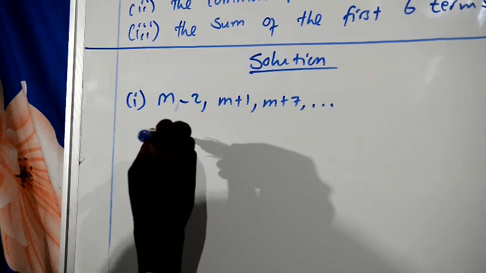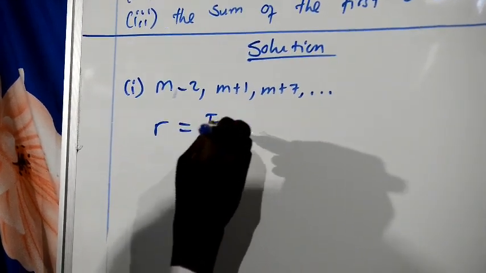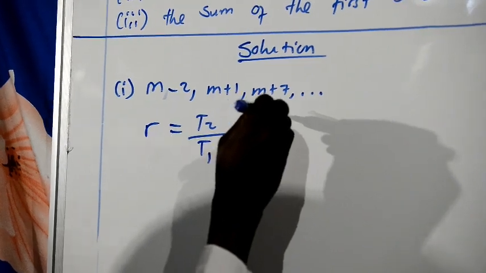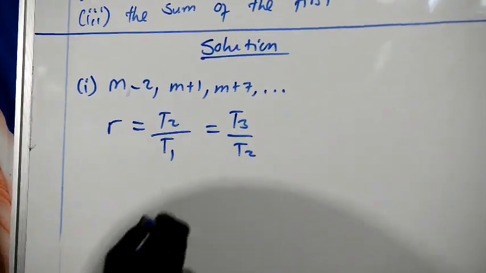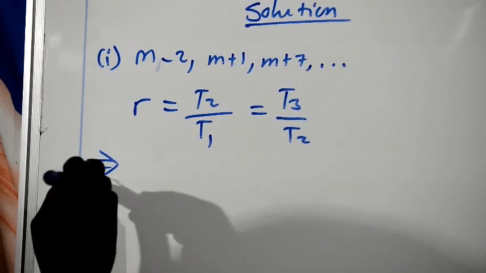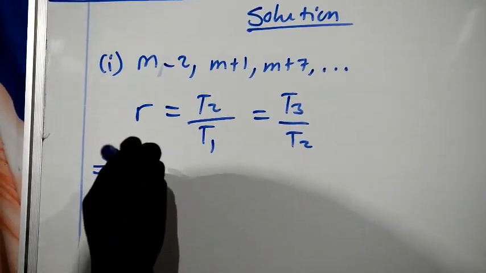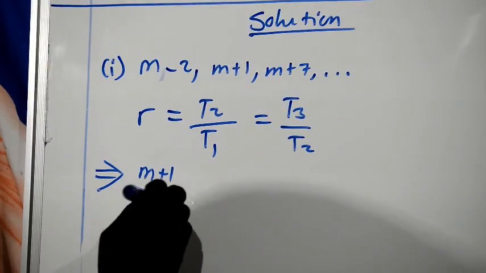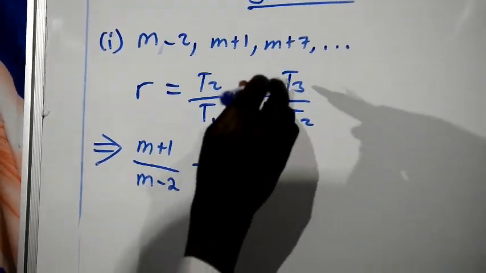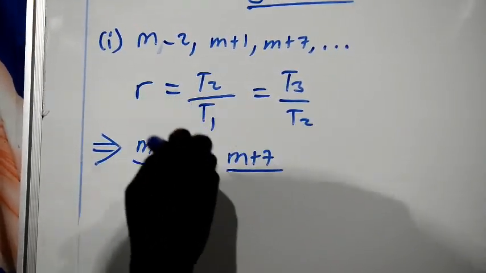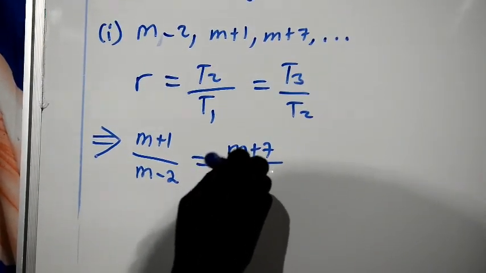We know that common ratio is given by second term divided by first term, which is also equal to third term divided by second term. So this implies m plus 1 divided by m minus 2 is equal to m plus 7 divided by m plus 1.